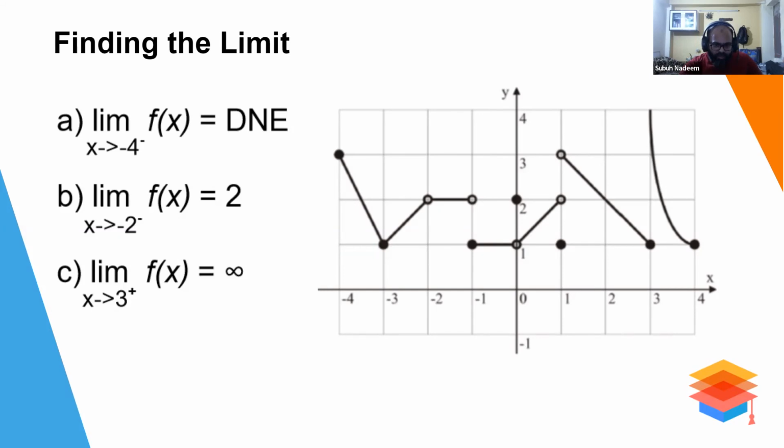Am I moving the cursor? Can you see this? No, you can't see this, because my share is not on. So can you see my cursor at -2? The output is 2. So will they give that, or should we find the output? Yeah, on the y-axis, this output is from the y-axis.